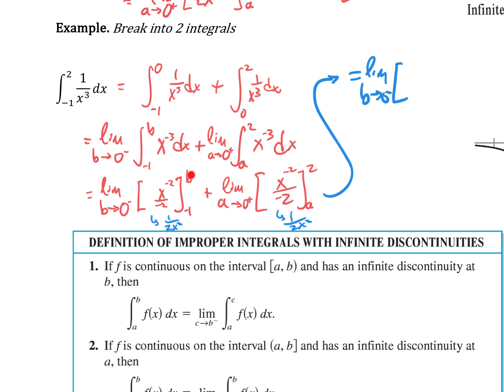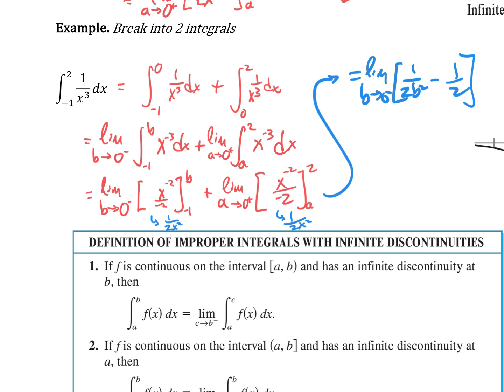When we plug in b to this fraction, we get 1 over 2b squared, minus, plug in negative 1, we get 1 over 2.